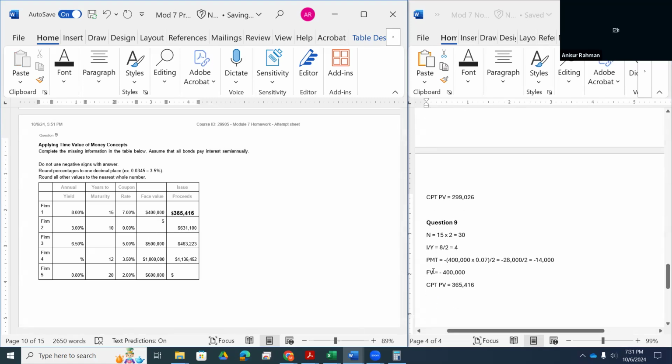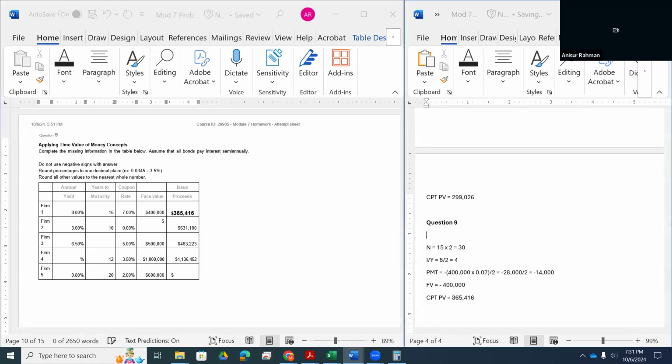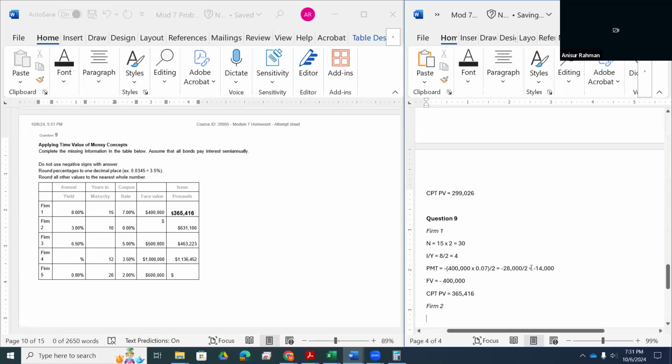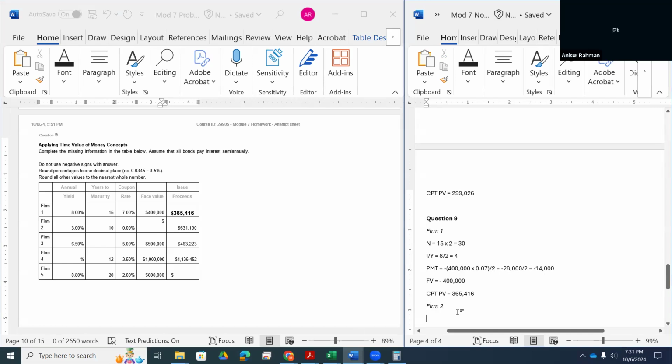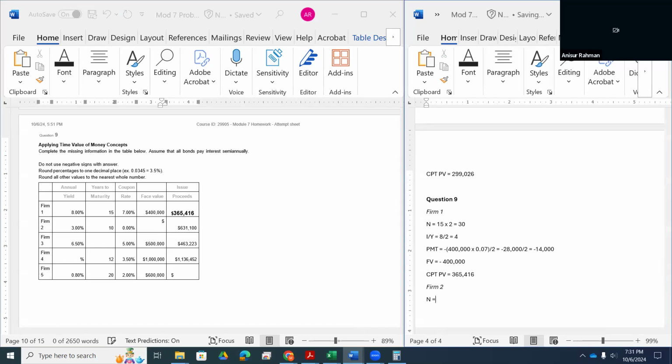So form 2, so this was about form 1. For form 2, we have to find out the face value, which means the future value. So our N is equal to 20.